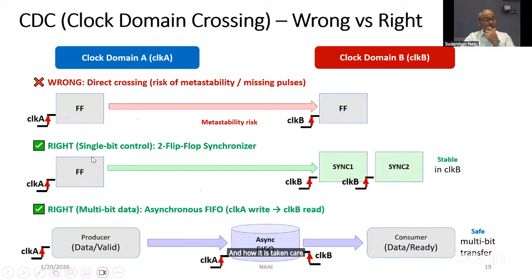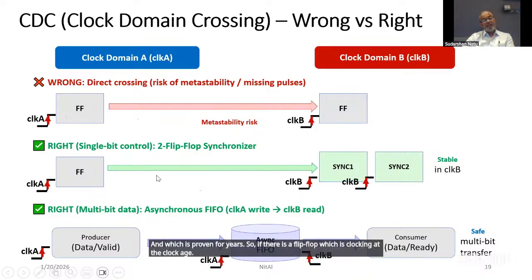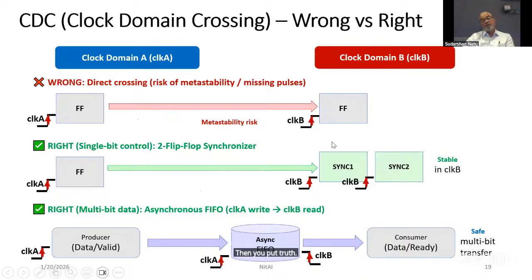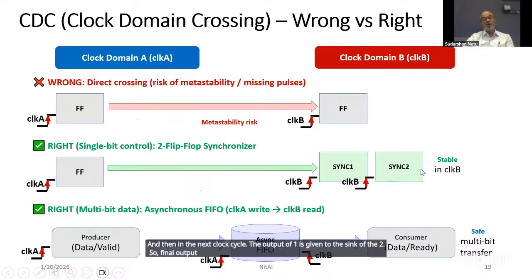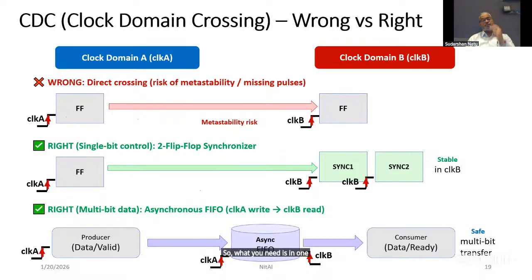There are methodologies which are fixed and proven for years. If there is a flip-flop which is clocking at clock A, then you put two flip-flops in sync, where you first clock it at sync one. So sometimes it sees the signal, or sometimes it doesn't. Then in the next clock cycle, the output of sync one is given to sync two. So the final output over here will always be synchronized. What you need is one extra clock edge.